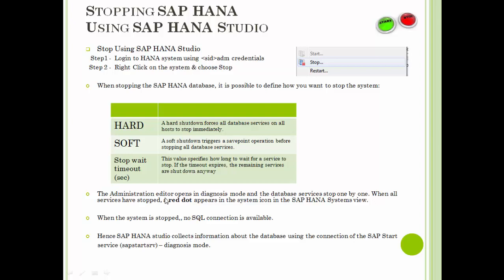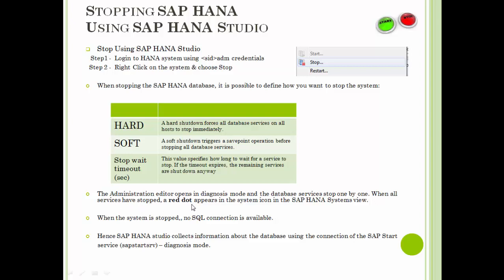And next, see, when the administration editor opens in diagnosis mode, the database services stop one by one. So when we issue stop, the administration console or the editor moves to diagnosis mode. That is, we mean that all the services are getting stopped. So in the diagnosis mode, we can see all the diagnosis files only.